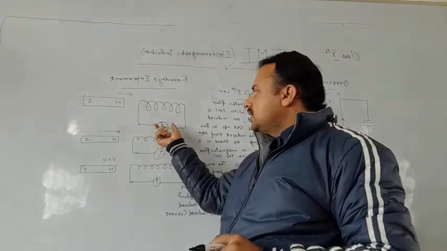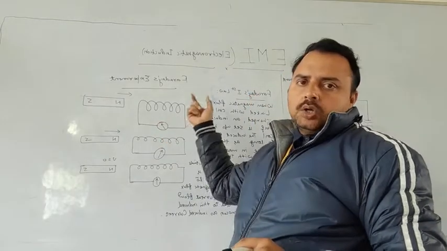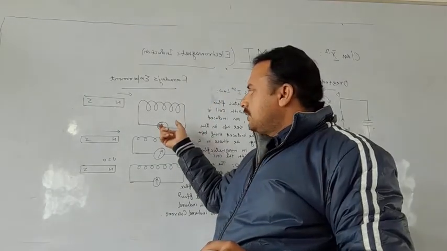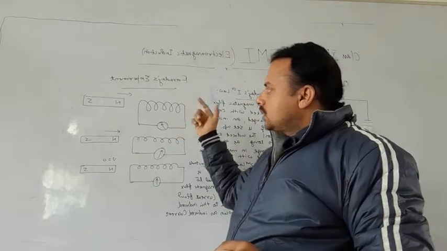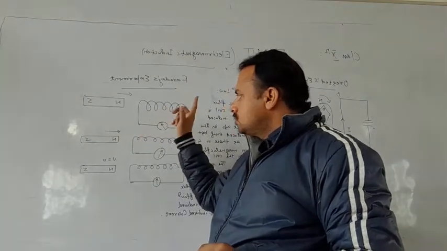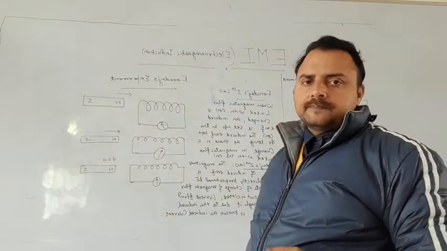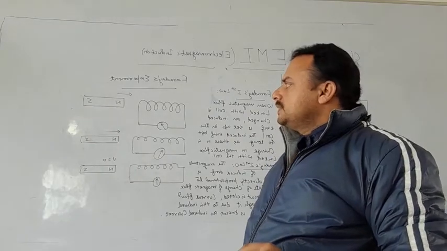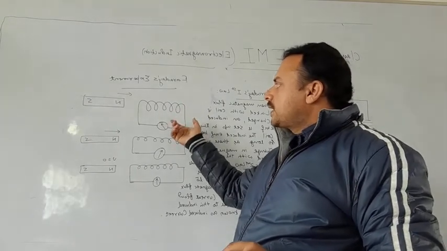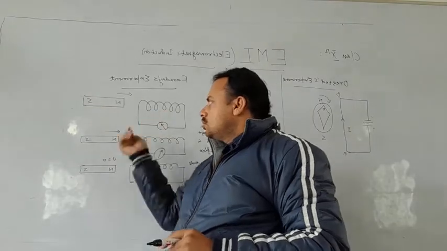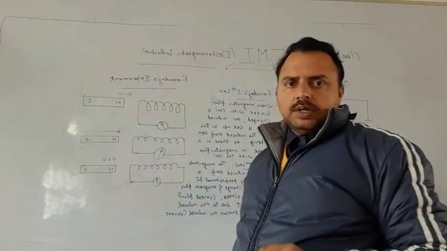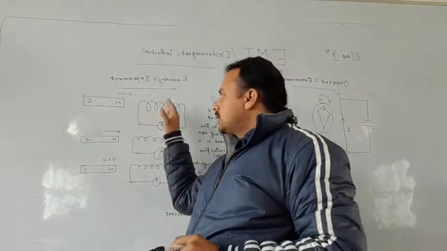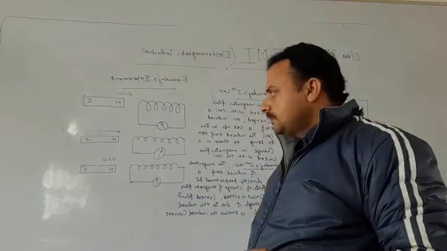There is a deflection in the galvanometer, and if there is a deflection in the galvanometer, it means the current must flow through this solenoid or conductor. So it means there is a current when the magnet is moving toward it, but when it stops, the current will also stop.